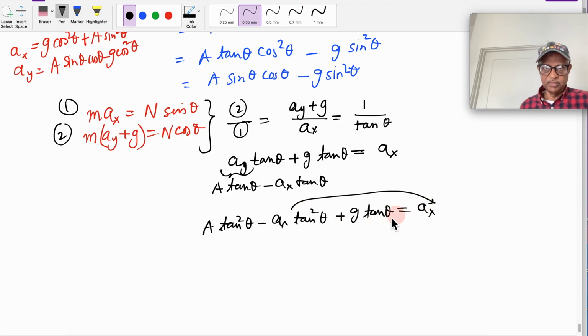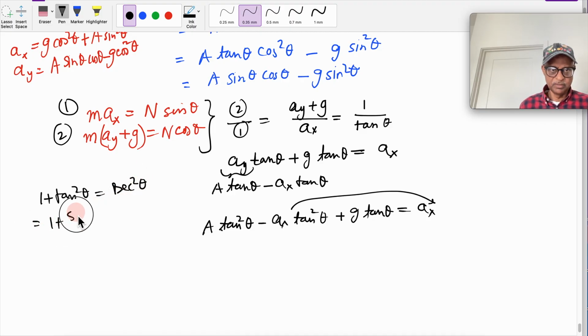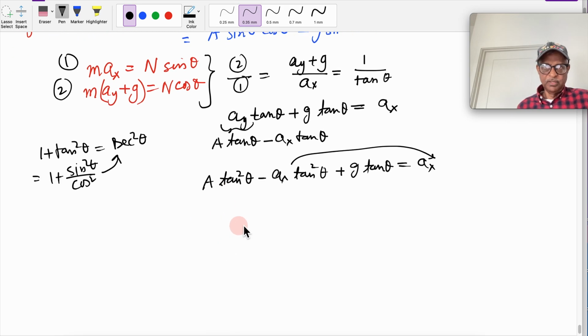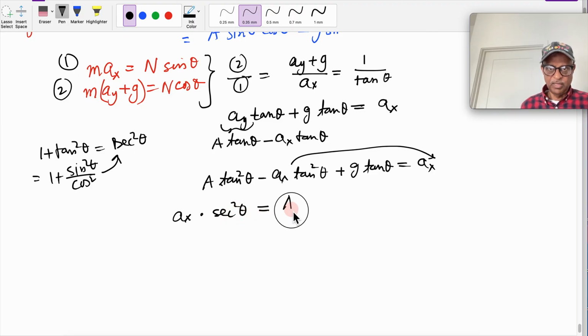Now bring this on the other side. It's going to be 1 plus tangent square theta. So it must be sec square theta, right? So it's 1 plus sine square theta over cosine square theta. So this becomes sec square theta. So this is AX times sec square theta equals A tangent square theta plus G tangent theta.